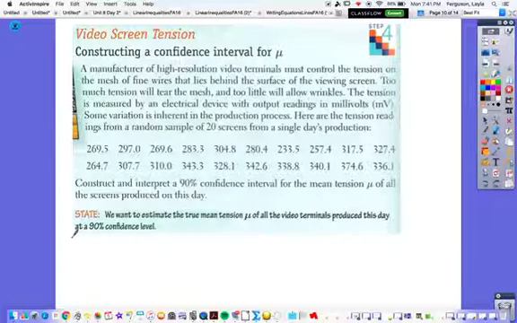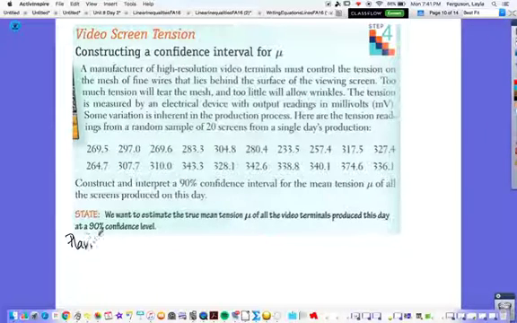So we're going to make sure it's random. In our problem, it told us that the data comes from a random sample of 20 screens from the population of all the screens produced that day.